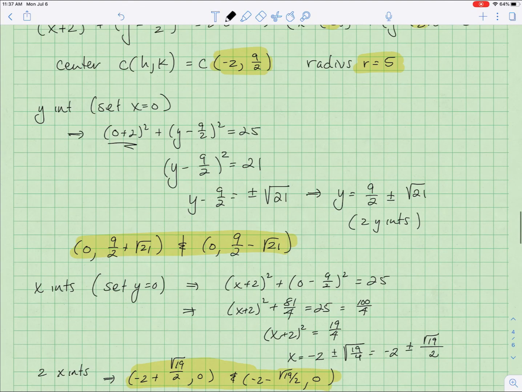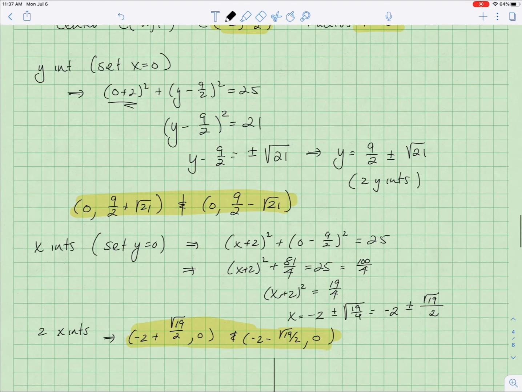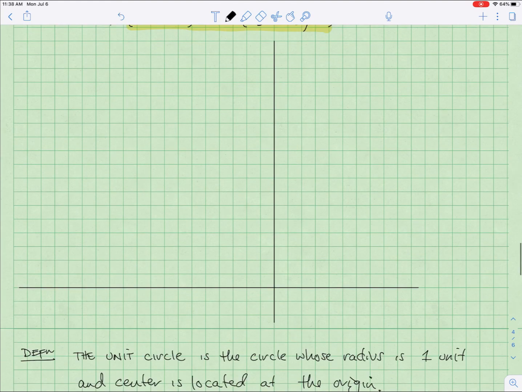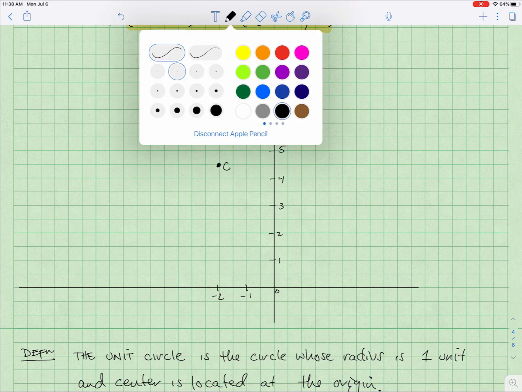So let's see. Our center is at negative 2, 9/2. So let's see. Negative 1, negative 2, 1, 2, 3, 4, 5. 9/2 is 4.5, so that'll be negative 2, 4.5. There's our center right there. And then we're supposed to go out 5 units in every direction for our radius.